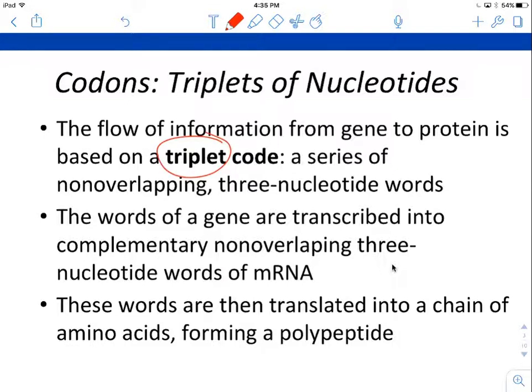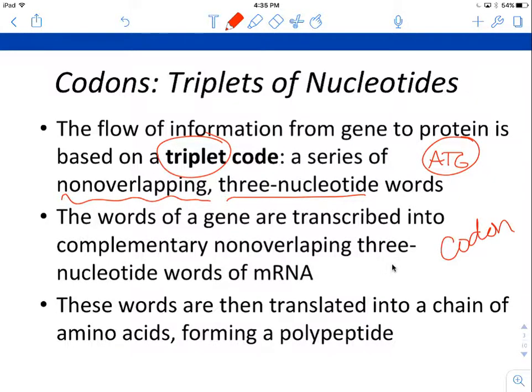Okay. So the flow of information is in a triplet code, a series of non-overlapping, that's important, 3 nucleotide words. ATG means something. It's 3 nucleotides. And as I said in the previous screencast, we call every 3 nucleotides a codon.